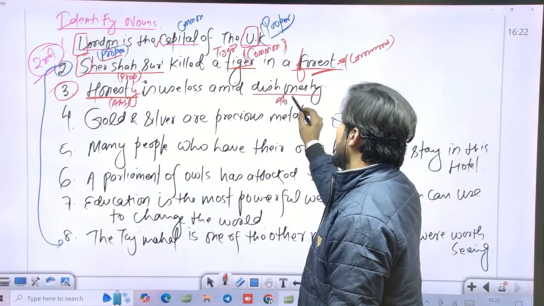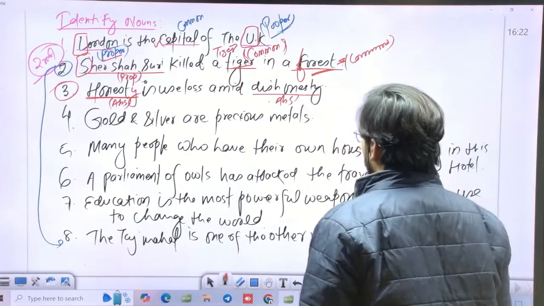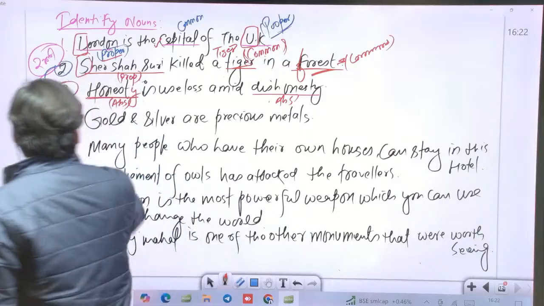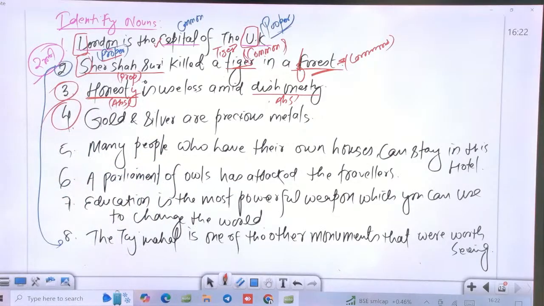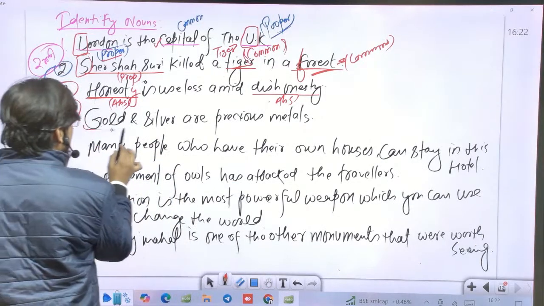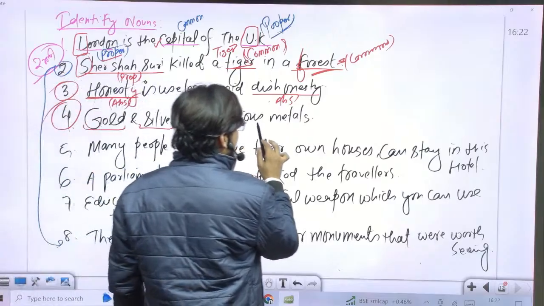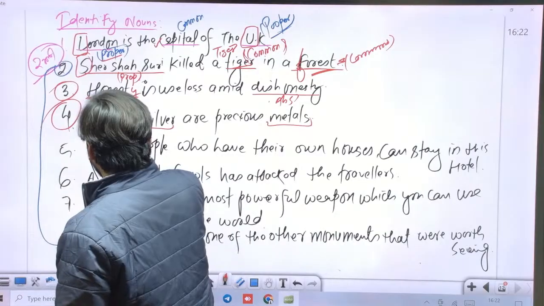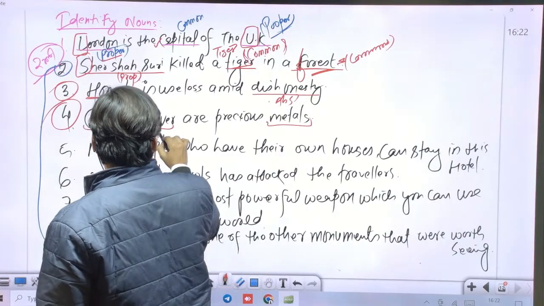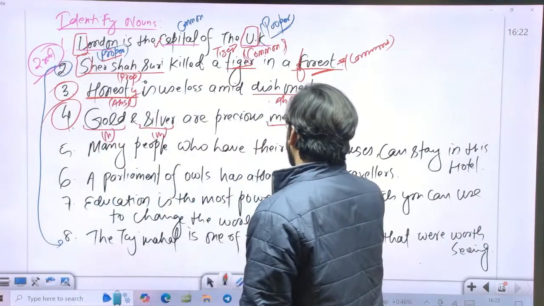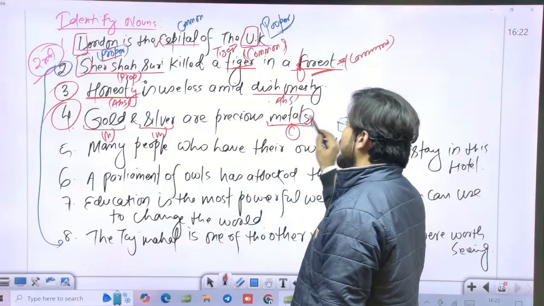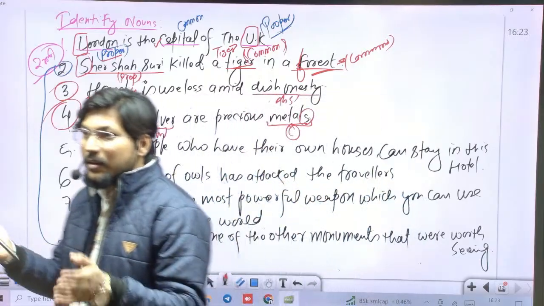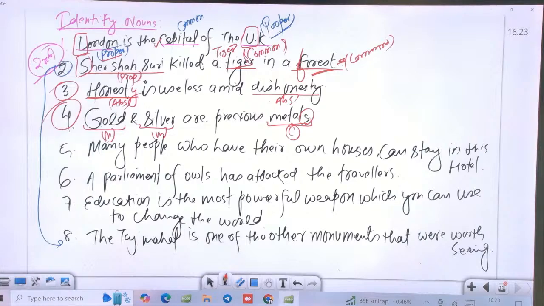Dishonesty is also your abstract noun. Gold and silver are precious metals. Gold and silver are your material nouns. Metals is a common noun. We have used plural in metal. Metal becomes metals, so we can say metals is a countable noun.